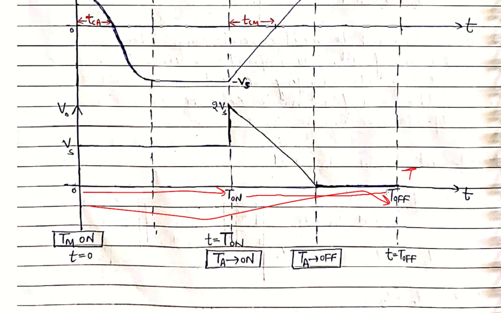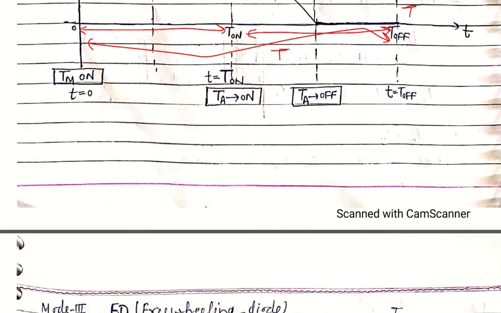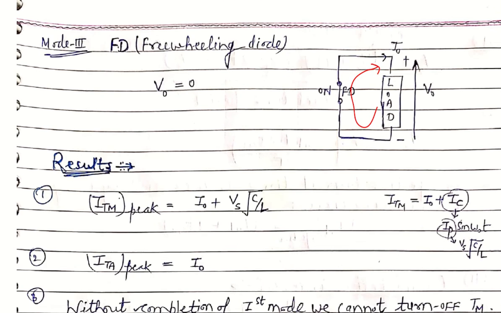So this is the t_off time, this is the t_on time, and this whole is capital T. So the total time period equals t_on plus t_off.